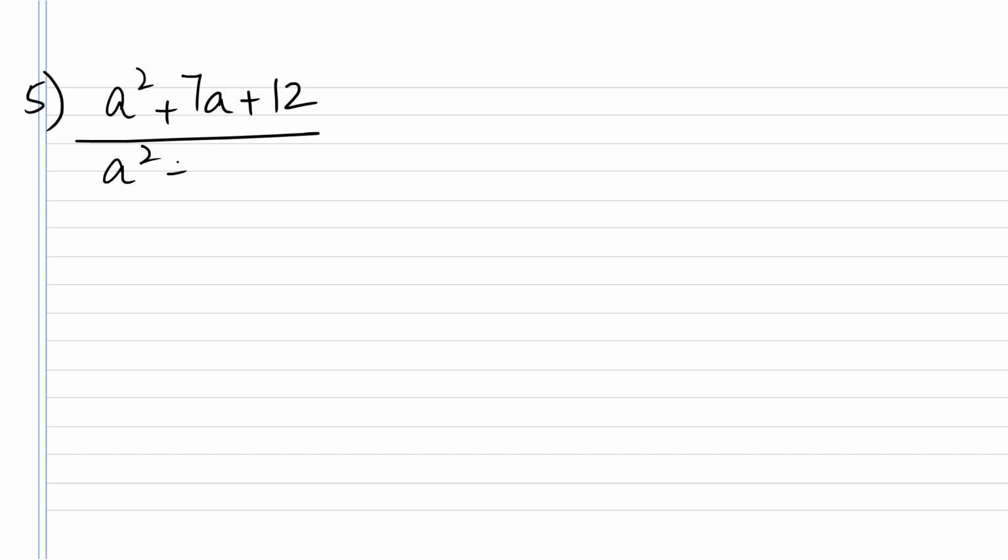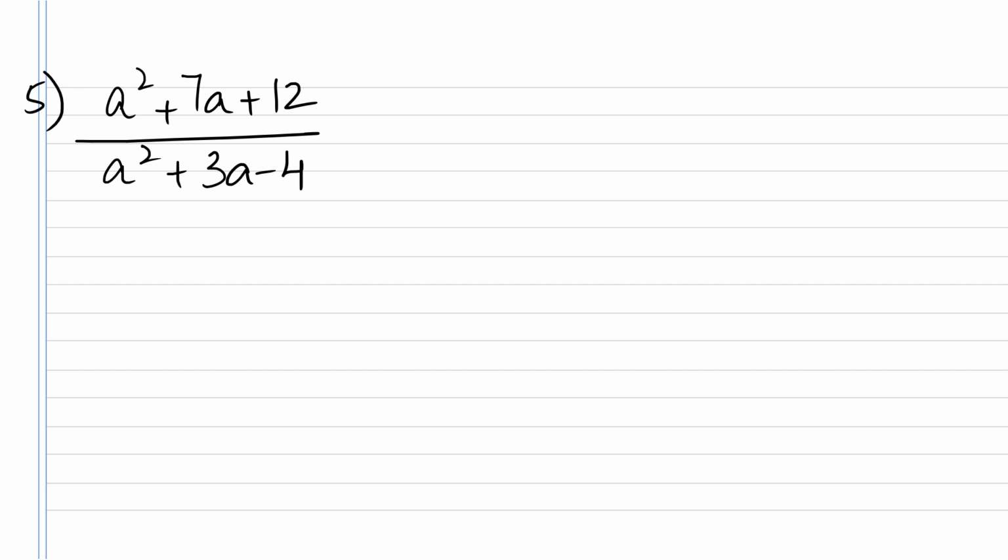Next one. Now this is something totally different. If my algebraic fraction is a square plus 7a plus 12 and the denominator is a square plus 3a minus 4, how are we going to simplify it? Of course, I need to factorize my numerator first, my denominator then, with some strategy, and then whatever are the common factors, cancel them in the last to get the simplified answer.